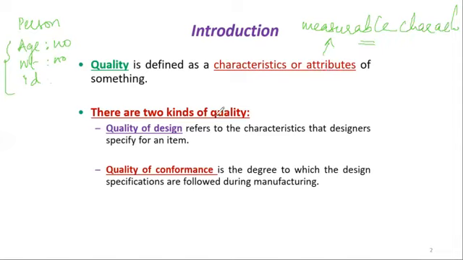Now there are 2 types of quality: quality of design and quality of conformance. The first one is quality of design. Now, this quality of design refers to the characteristic that designers specify for a specific item. Let's take a few examples of quality of design. This can be the grade of material that you're using, what quality it is.